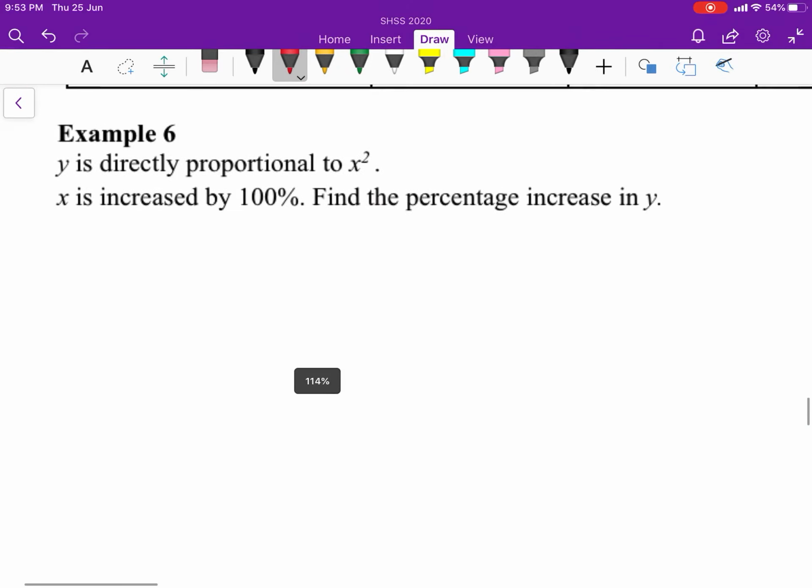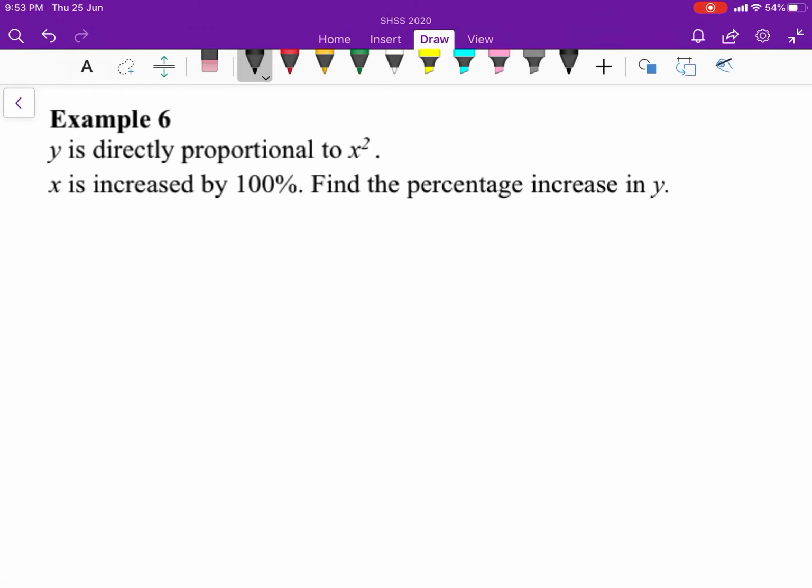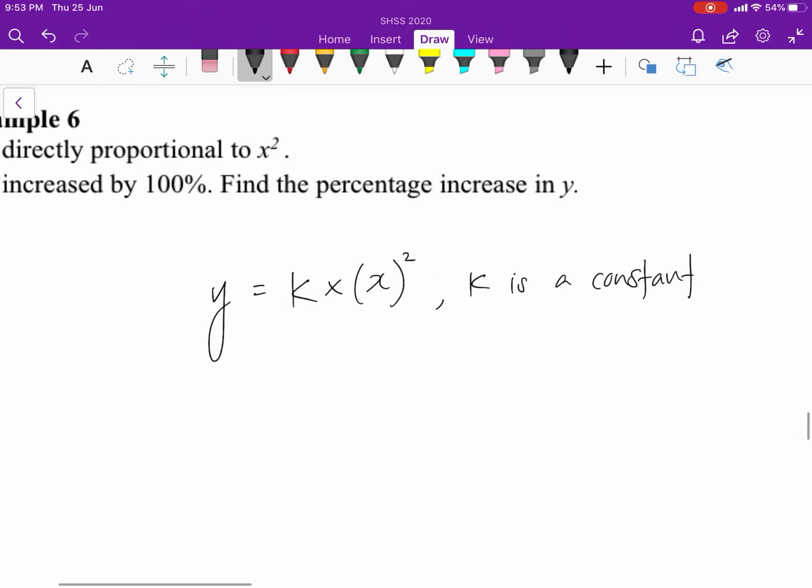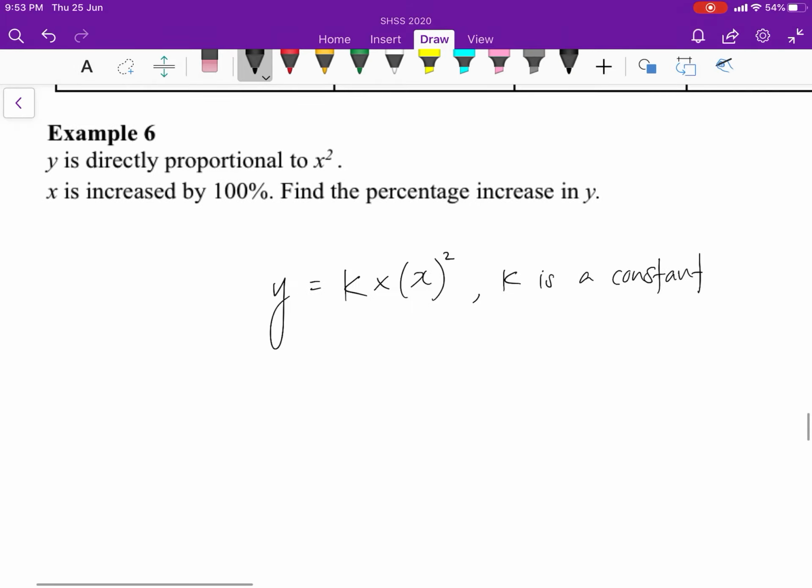Let's take a look at example number 6. Now, we have y is directly proportional to x squared. So the formula is y equals k times x squared, where k we all know is a constant. Now, read the question. x is increased by 100%, which means now x becomes 2x.